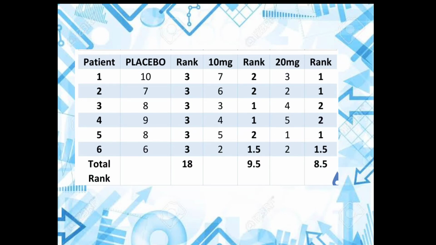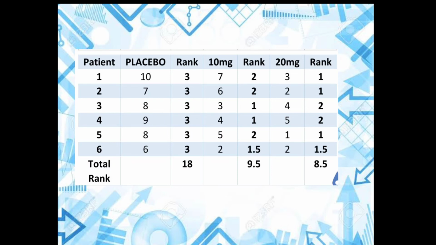So the first patient have a pain score of 10 with the placebo, 7 getting the 10 milligram, and 3 receiving the 20 milligrams. So 3 is the lowest pain score. It would get the rank 1. 7 is the middle pain score, it will be getting the rank of 2, and 10 is the highest pain score, so it will get a rank of 3.